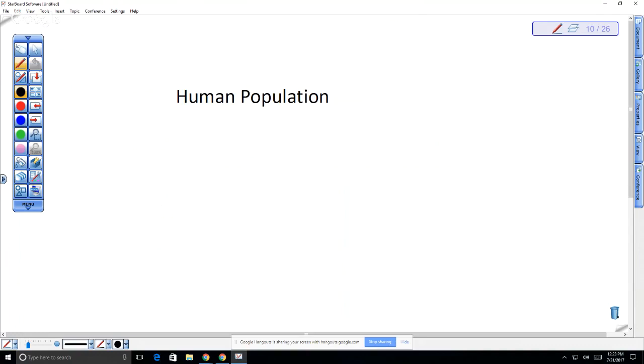The population clock counts the number of individuals on the planet or in different countries. Today, the population clock worldwide is about 7.4 billion individuals. So we've exceeded 7 billion, and we're on our way to 7.5 billion. Okay, so this is on the planet.